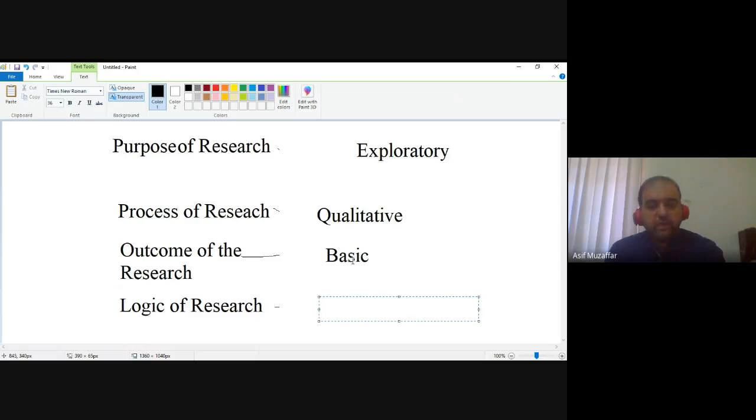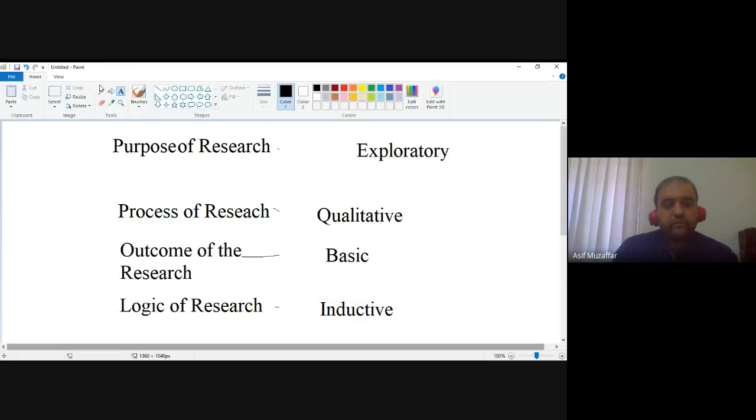Then the logic of your research will be inductive. That means you are developing a theory. So this is the flow chart for exploratory research. If you have exploratory research, definitely you will have a qualitative process and your logic of research will be inductive in nature.